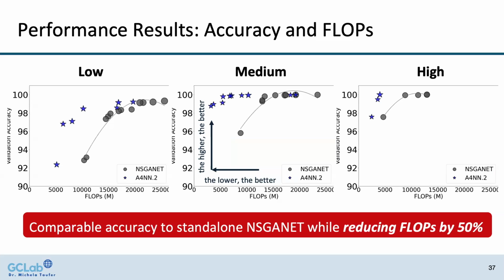And basically what we observe here is that across all three datasets, our A4NN workflow is able to maintain the high accuracy that the standalone models also exhibit, while at the same time being able to reduce the compute cost of the NAS algorithm by approximately 50% as well.